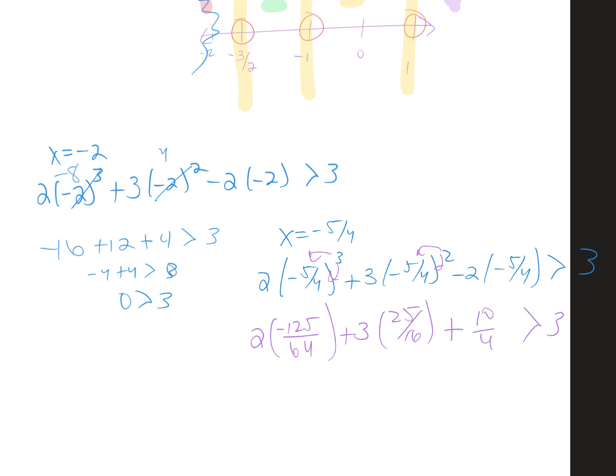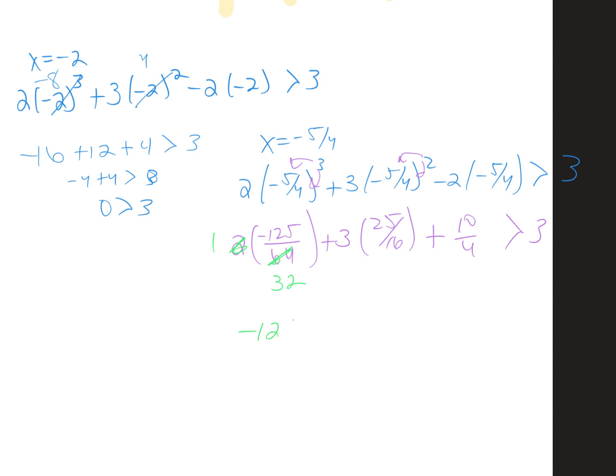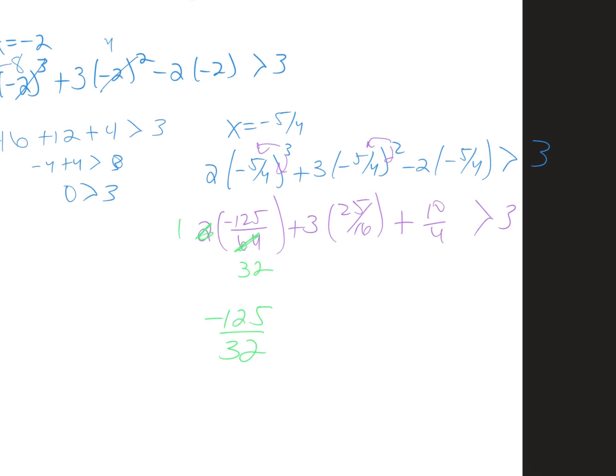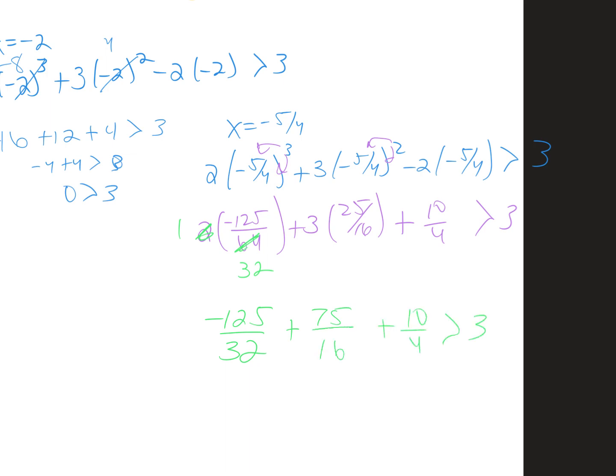Is that greater than 3? So simplify: 2 goes into 2 once, and 2 goes into 64 32 times. So I have -125 over 32, then plus 3 times 25, which is 75 over 16, plus 10 over 4. Is that greater than 3?